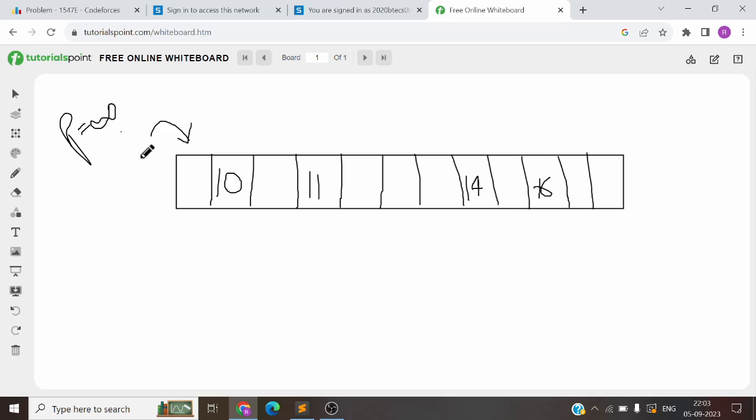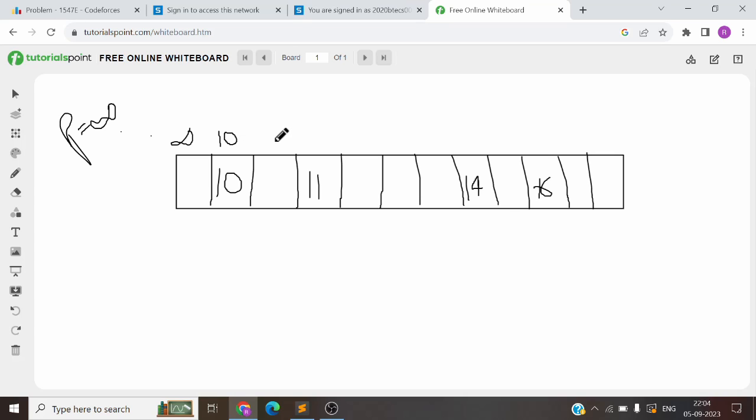So can I say at each cell the temperature will be the minimum of previous plus 1, comma, the AC's temperature if there is an AC over there. Suppose initially there is infinity because there is no AC over here. Now here it will be the minimum of infinity plus 1 comma 10. So obviously the minimum is 10.